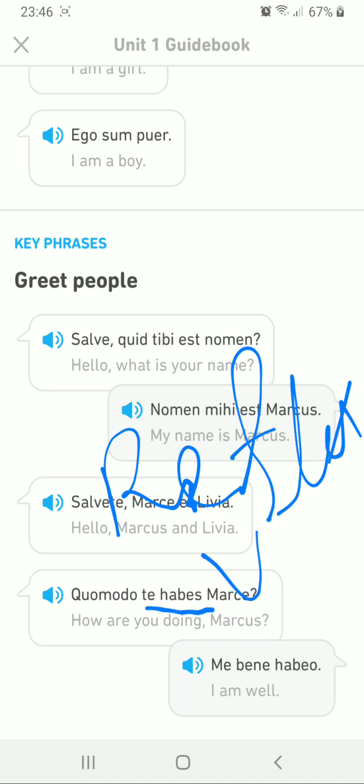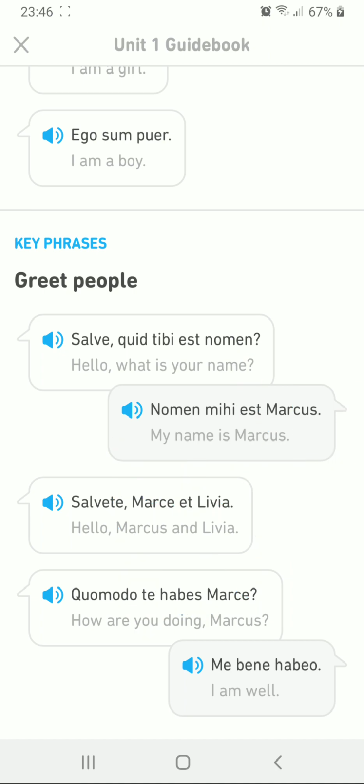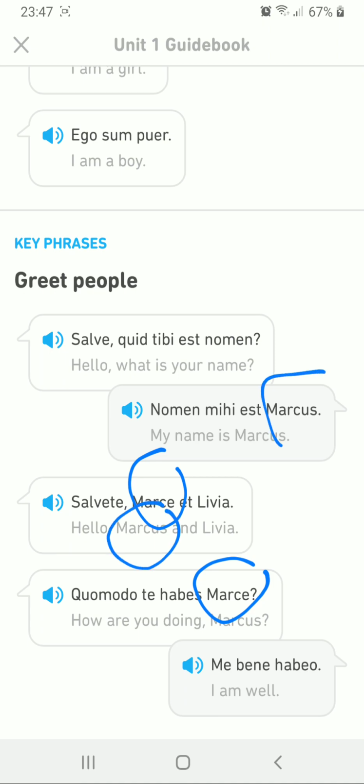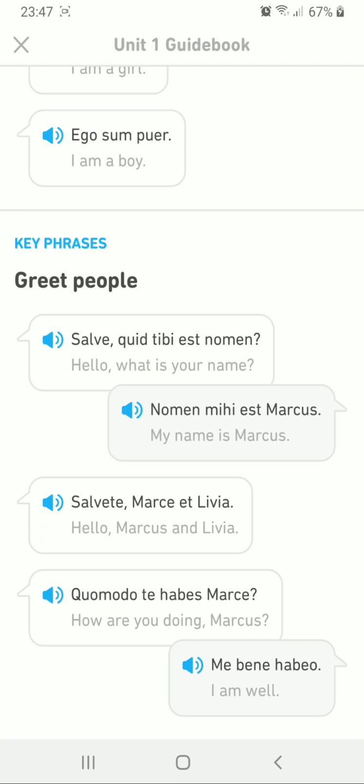There is this pronoun, I'm not sure how you say this, accusative pronoun, I forgot, but commode te habes is how are you doing, Marce. I have seen this a couple of times, that Marce is also written as Marcus sometimes, and I haven't figured out what's the difference. Salvete, Marce et Livia.